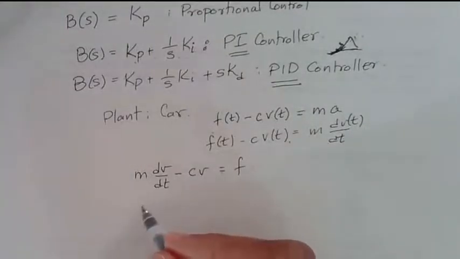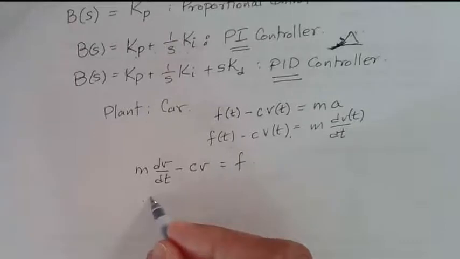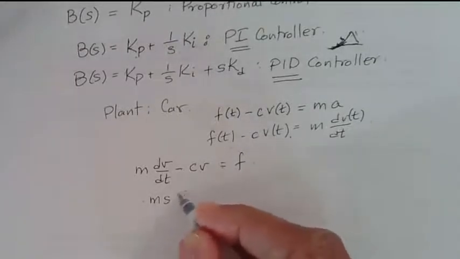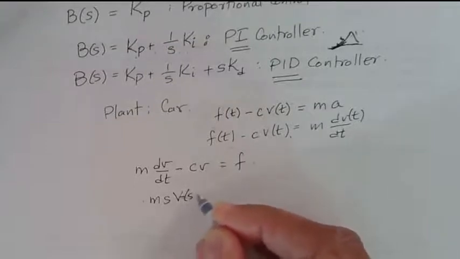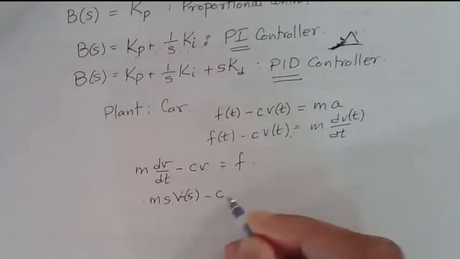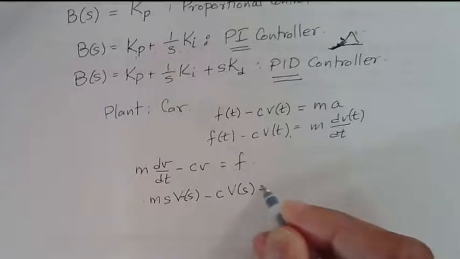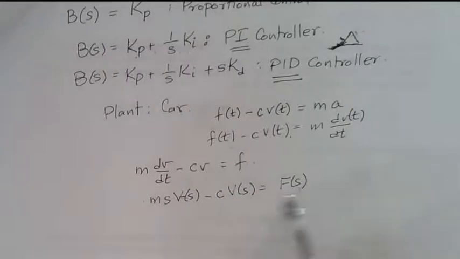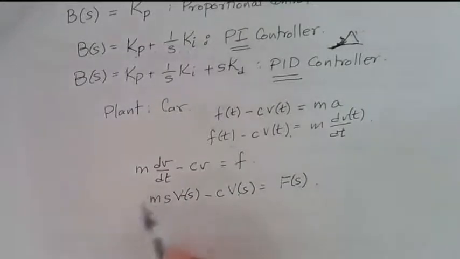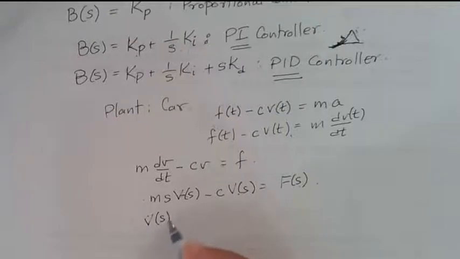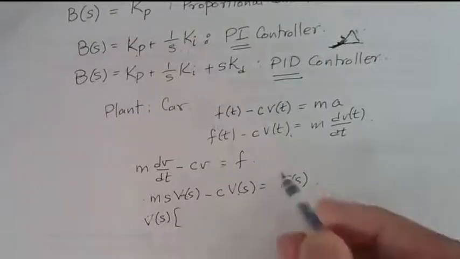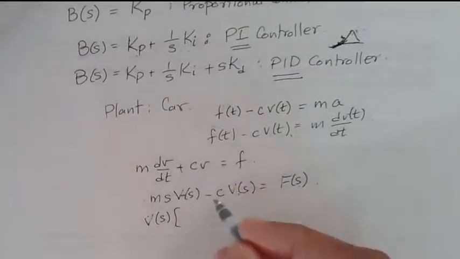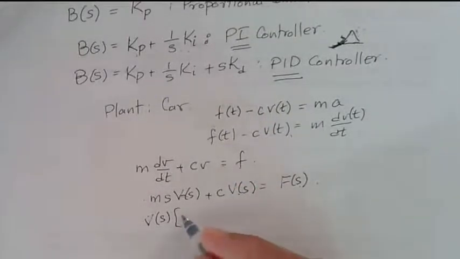And if I take the Laplace transform now, I get m times s times V(s) minus c times V(s) is equal to F(s). And remember, this is the input and this is the output of the system. Oh sorry, when I took this over to this side, that became a plus. Otherwise I run into trouble.